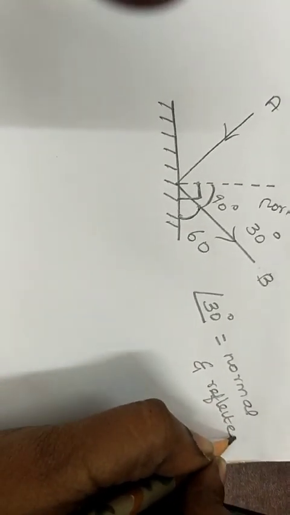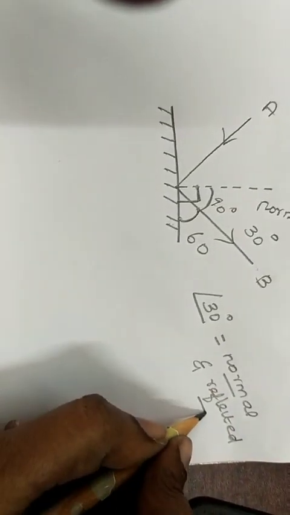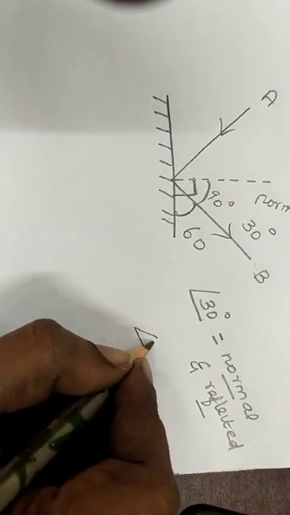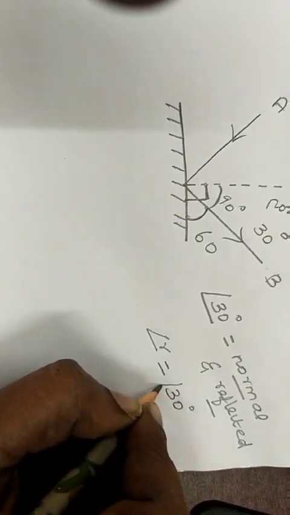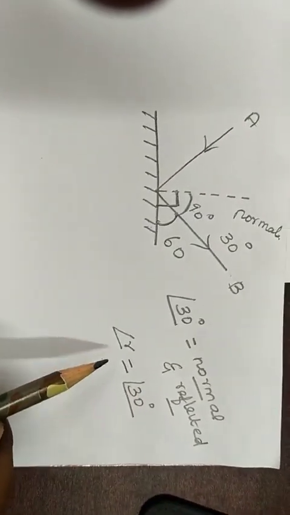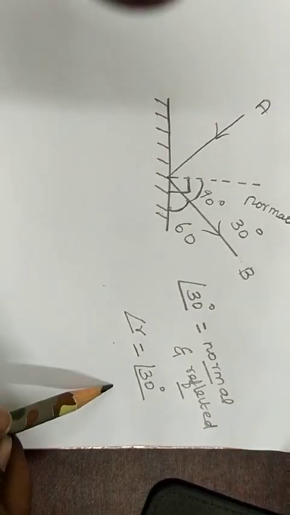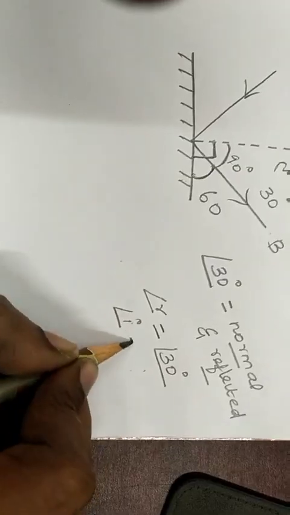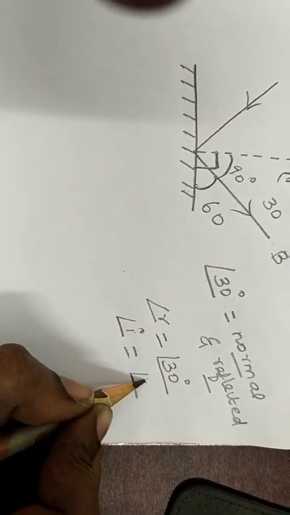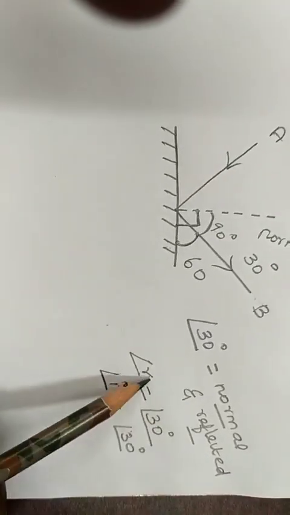So here 30 degree is the angle between normal ray and reflected ray. What is that? The angle between normal and reflected ray is the angle of reflection. So angle of reflection is equal to 30 degree. But we all know angle of incidence is always equal to angle of reflection. So I is also equal to 30 degree. Okay, have you all understood?